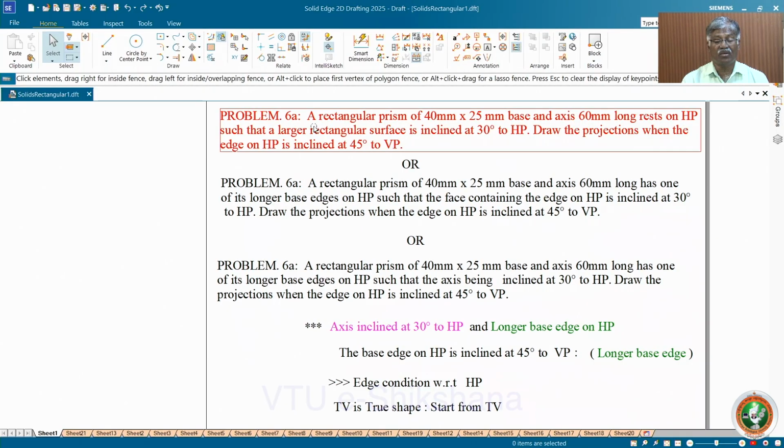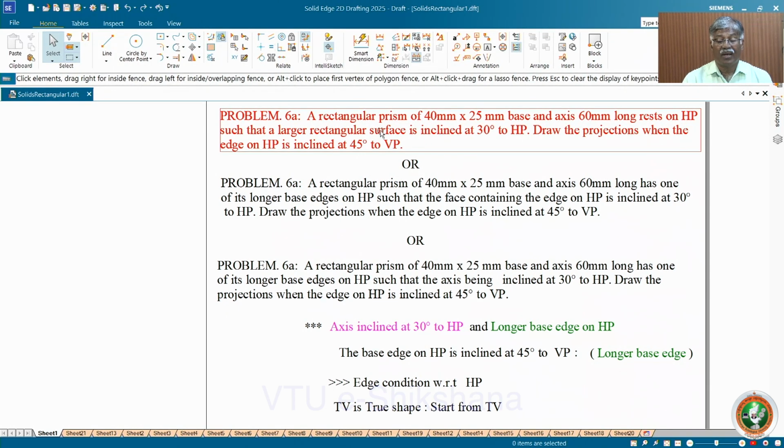If you want to have the larger surface, you must keep the longer base side, that is 40 mm, on HP, and the corresponding rectangular surface you will get as 40 by 60. 40 by 60 is the larger rectangular surface. 25 by 60 will be the smaller. 2 surfaces you get 25 by 60 and 2 surfaces you get 40 by 60. So one of the 40 by 60 must be taken into consideration, that should be inclined at 30 degree to HP. Fine.